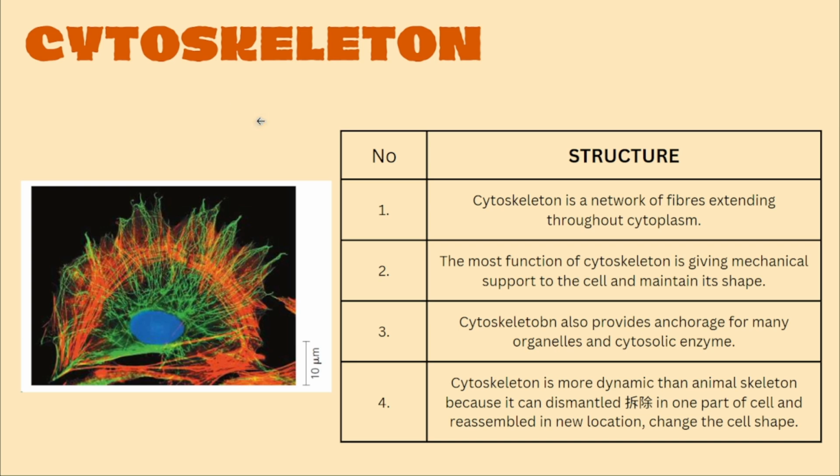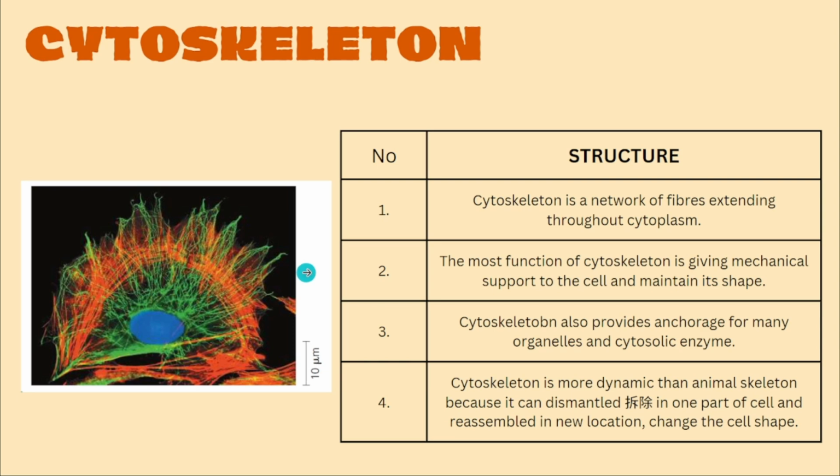So if we want to fix the organelles' place, or we need to make a movement of the organelle, like the budding off of the endoplasmic reticulum to the Golgi apparatus, and also the budding off of the Golgi apparatus by using the secretory vesicle, the cytoskeleton plays the major role in it.